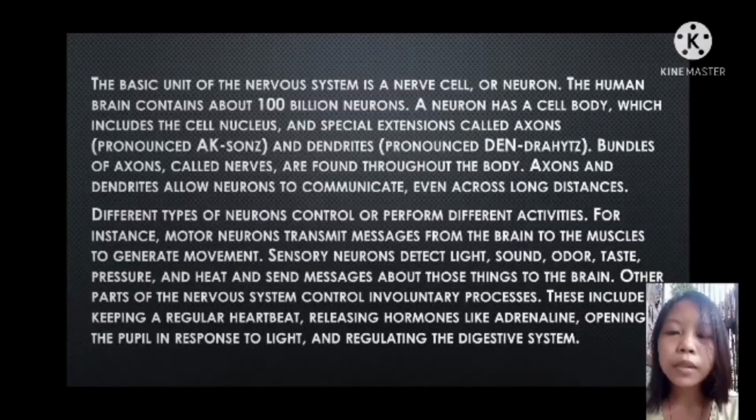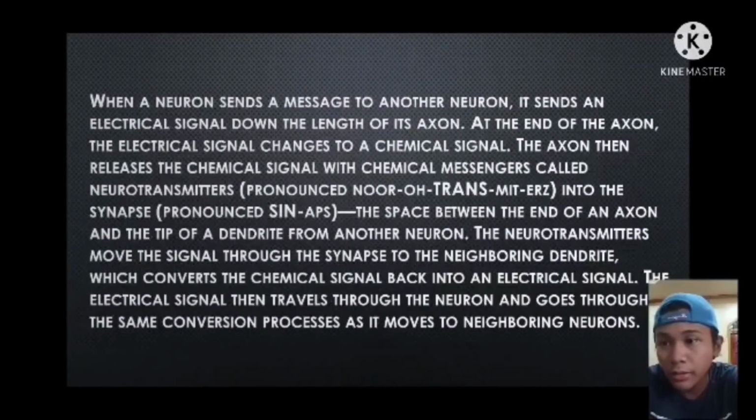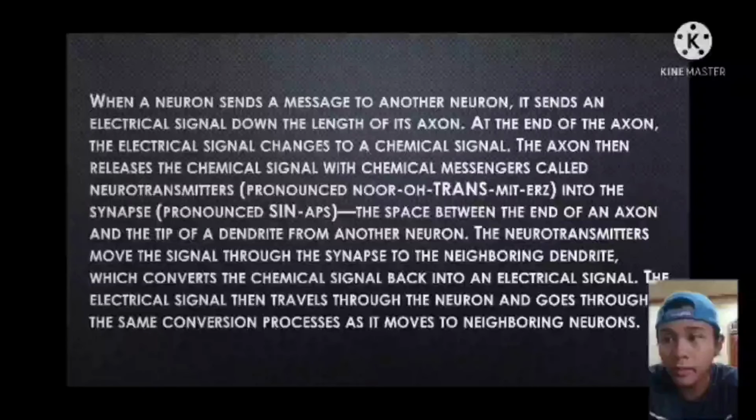Other parts of the nervous system control involuntary processes. These include keeping a regular heartbeat, releasing hormones like adrenaline, opening the pupil in response to light, and regulating the digestive system. When a neuron sends a message to another neuron, it sends an electrical signal down the length of its axon.